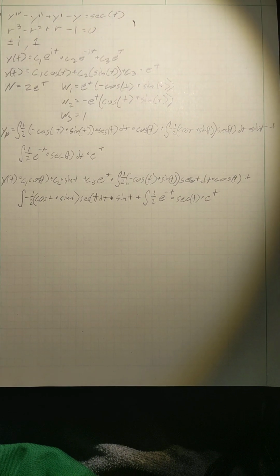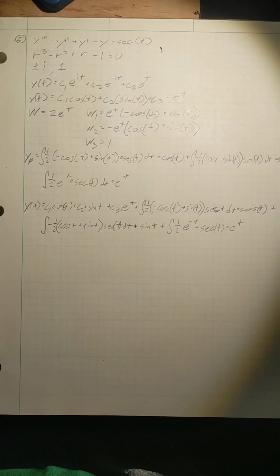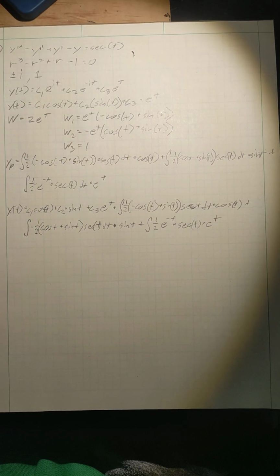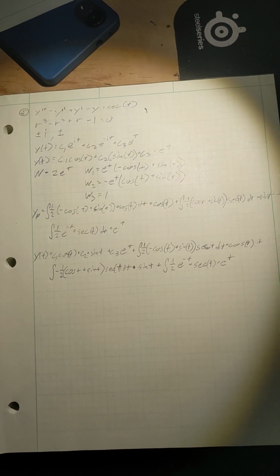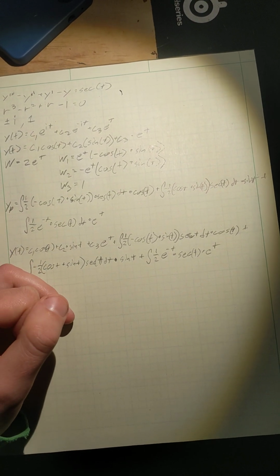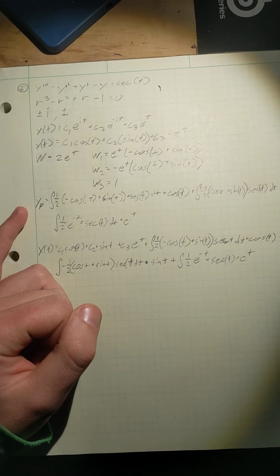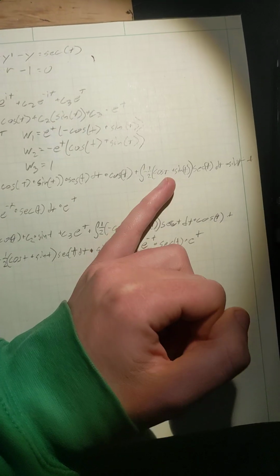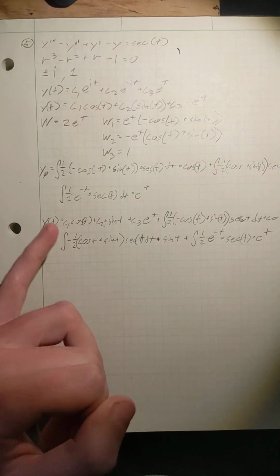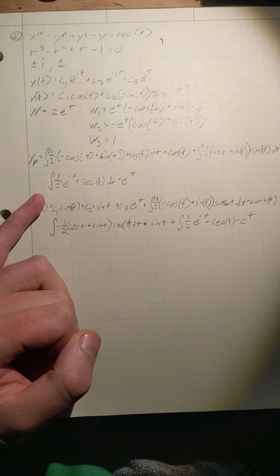Once we have the Wronskian, we are straight away able to write everything out into integral form of the particular solution, where this is the integral form of y of p for y1, this is for y2, this is for y3.